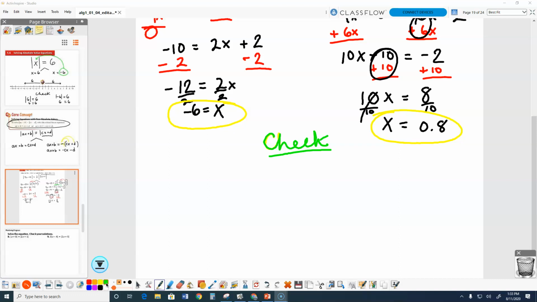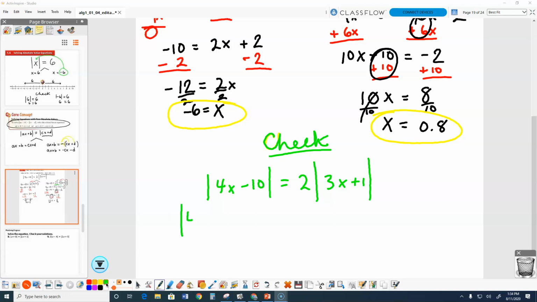So my original equation was the absolute value of 4x minus 10, and I'm copying this out of my book here, is equal to 2 times the absolute value of 3x plus 1.